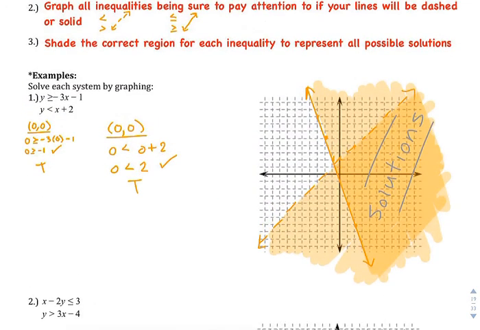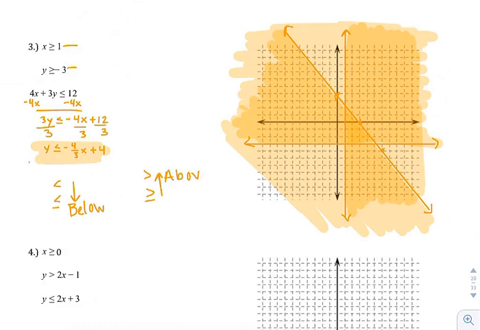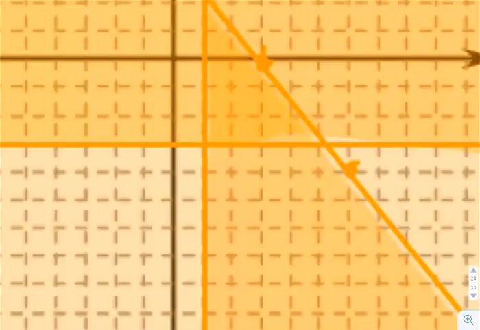And that is what we did up here. For the first inequality, it was above your line. For the second inequality, it was below your line because it was less. So you can visually look at that and see too without always having to test the point. So now that we're done shading, where are our solutions for this inequality?